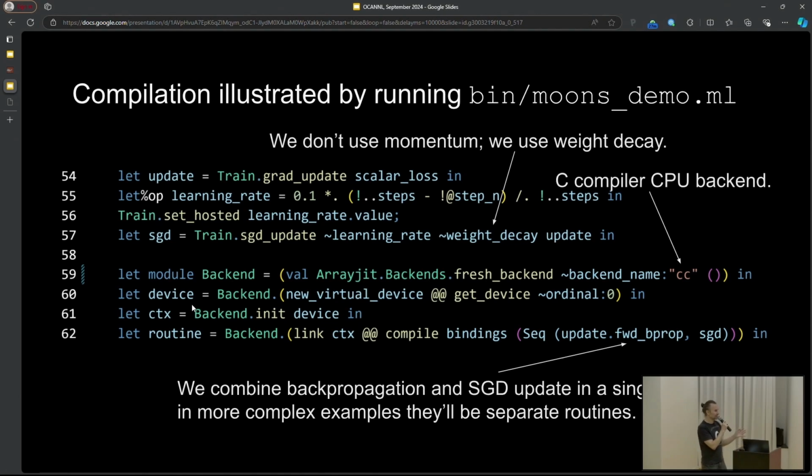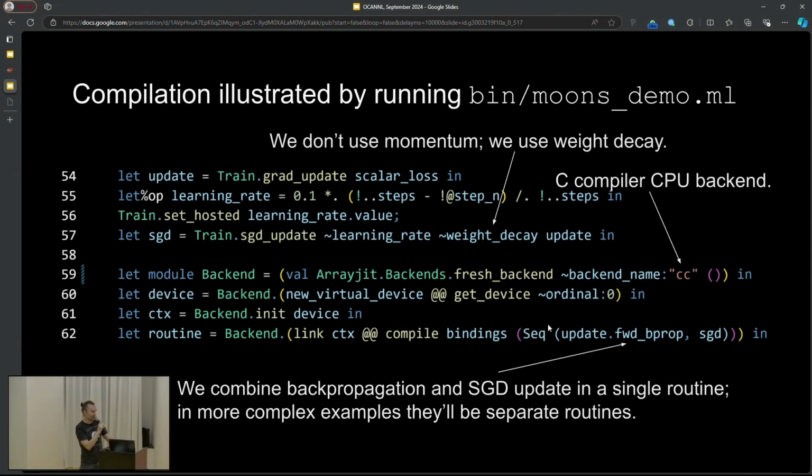We initialize a context, and the computation will be a routine that's attached to a device. And in the simplest example, we can just put together the backprop computation of gradients with the update of the parameters in a single routine.